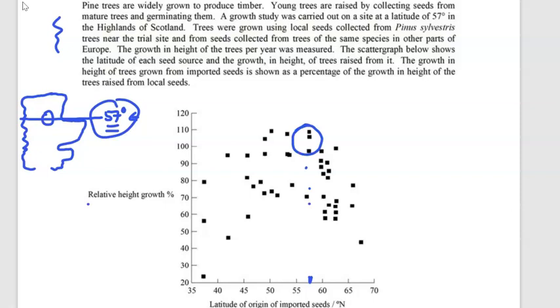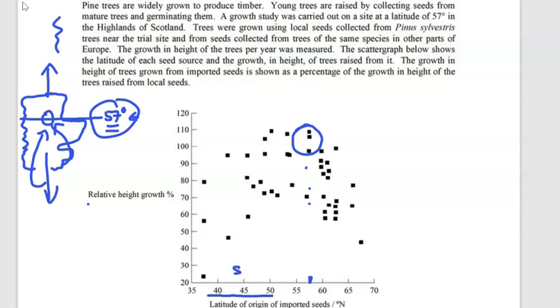And seeds from the south, and indeed seeds from north of this, not particularly in Scotland, but in other European countries, are then collected and taken to this location. So seeds from the south are taken to this location and grown. So here they are here. These are seeds from the south.